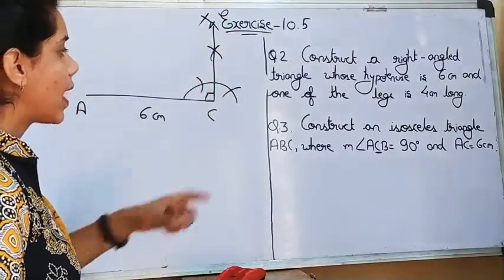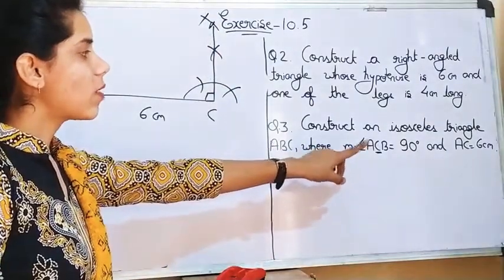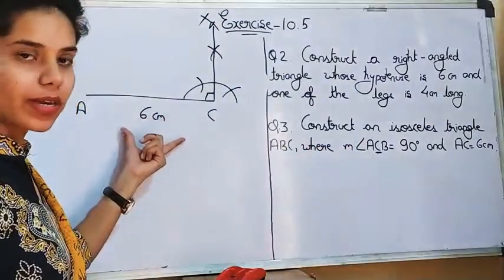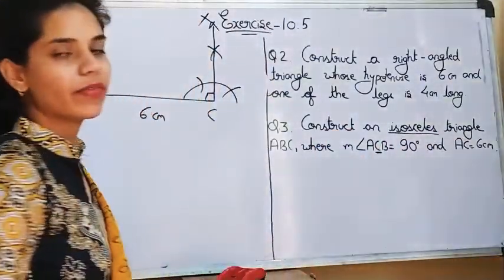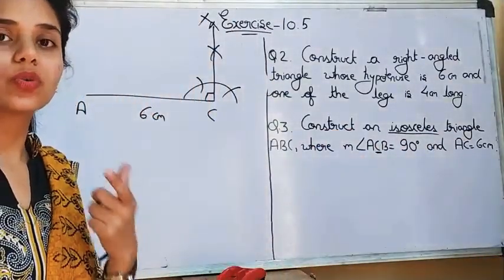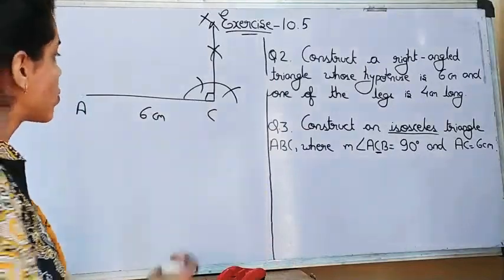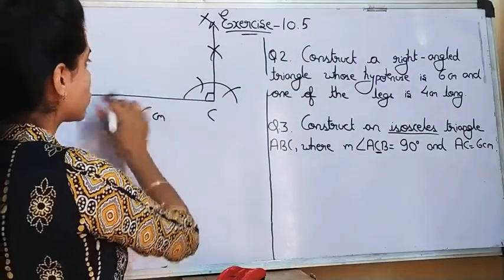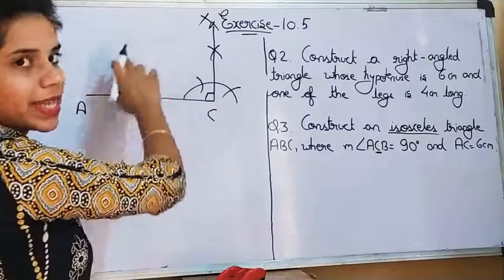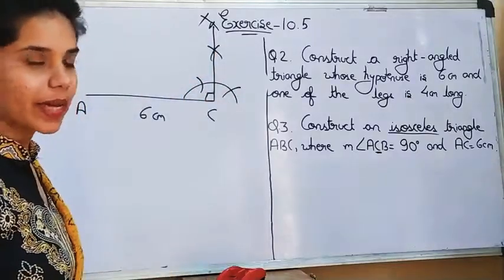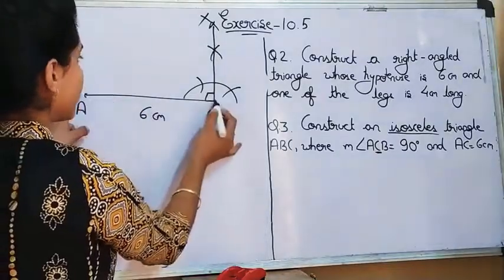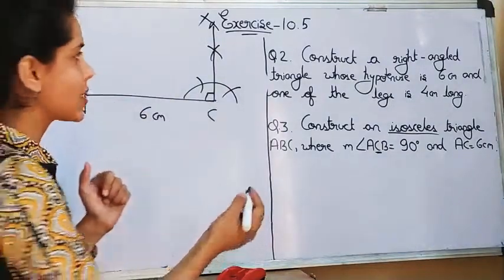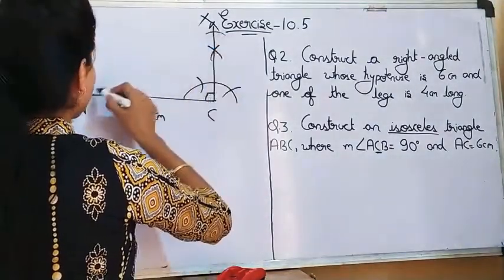Now AC is 6 centimeter, which we have already drawn. Now this is an isosceles triangle. What is an isosceles triangle? One whose two sides are equal. So if this is 6 centimeter, then this will also be 6 centimeter. Suppose I open the compass from here to here, taking a radius of 6 centimeter, and cut an arc here.